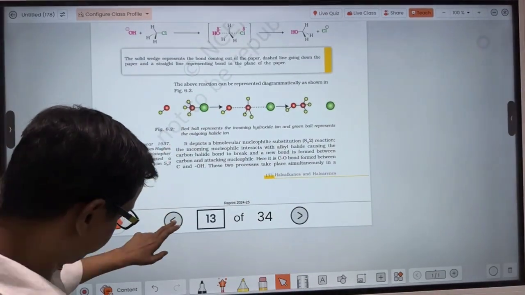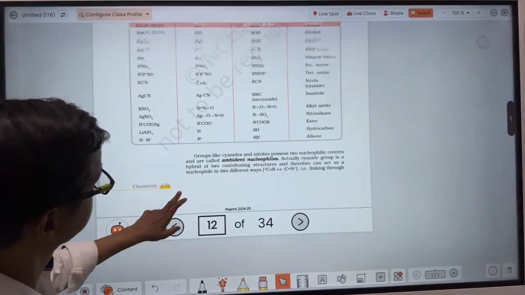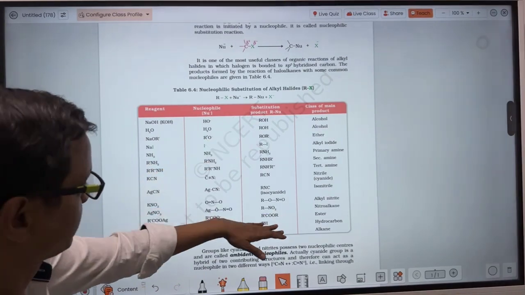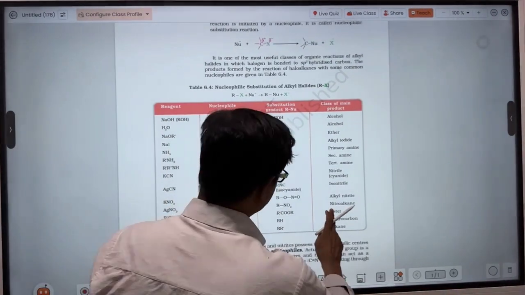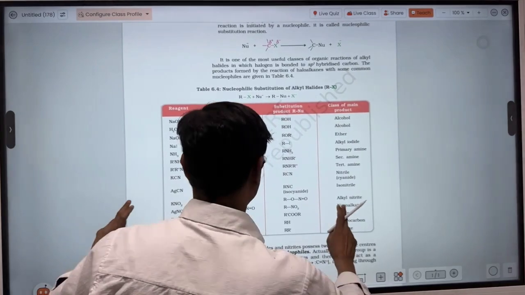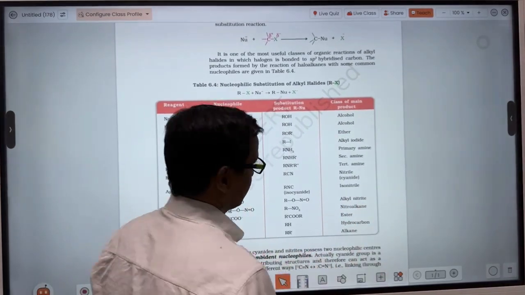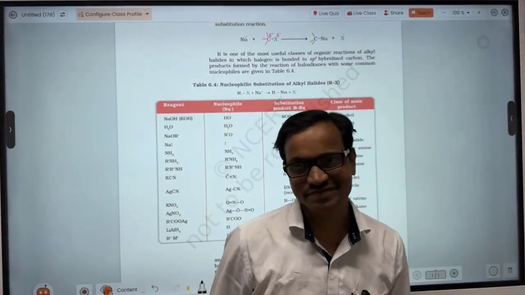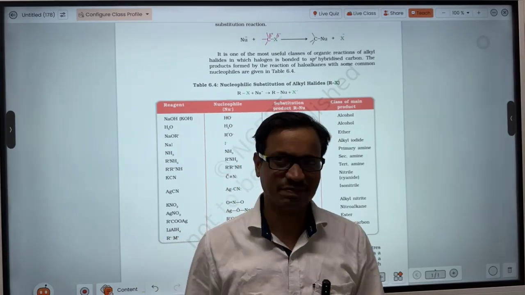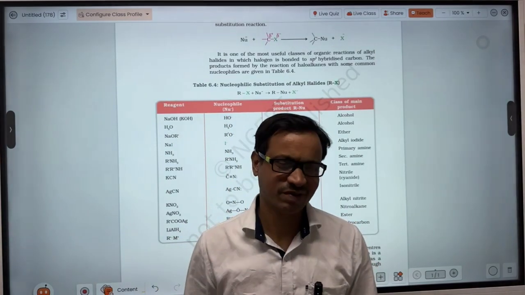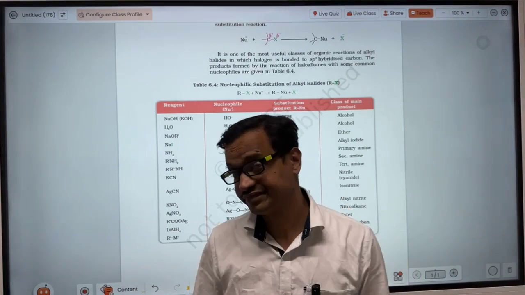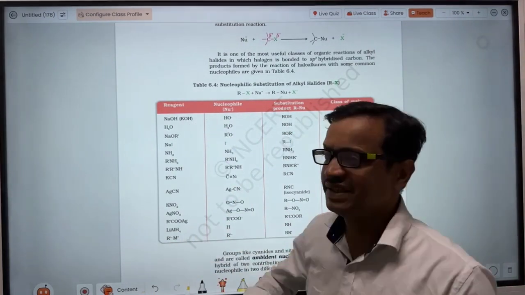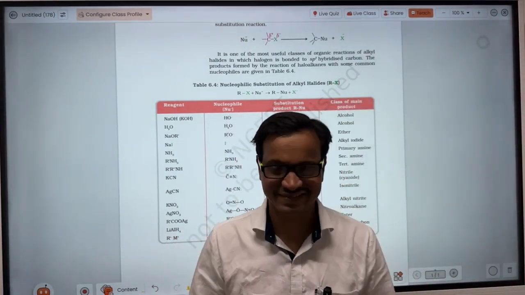Then let's see here. Among these, the reaction takes place through the SN1 mechanism or through the SN2 mechanism, but the product will be the same.